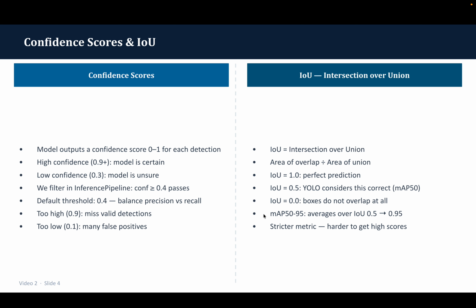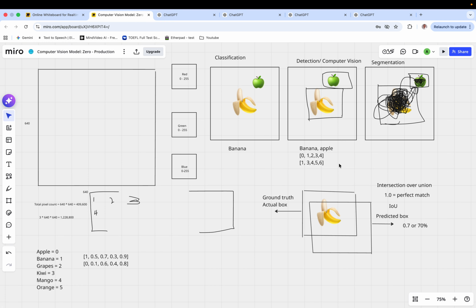So for confidence scores, the model outputs a confidence score from 0 to 1 for each detection. What does that mean? It means when the model predicts, oh, I can find the banana here, it can tell me that this is a banana.